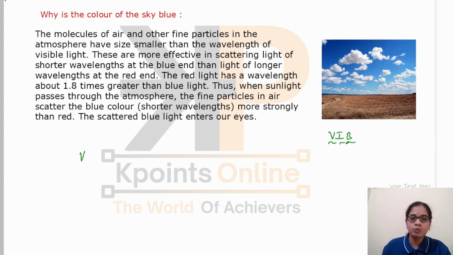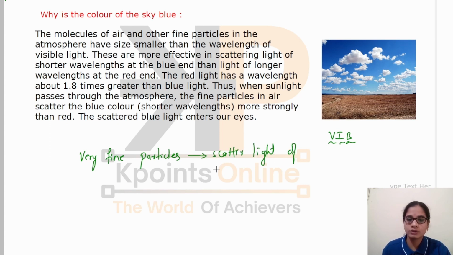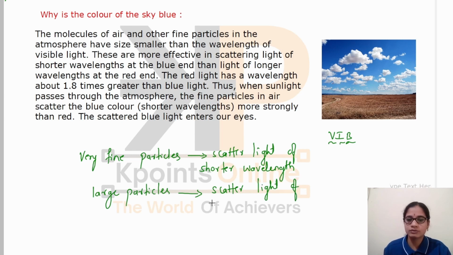Understand here, very fine particles scatter light of shorter wavelength, and large particles scatter light of longer wavelength. We can say shorter wavelength light is scattered more easily than longer wavelength.